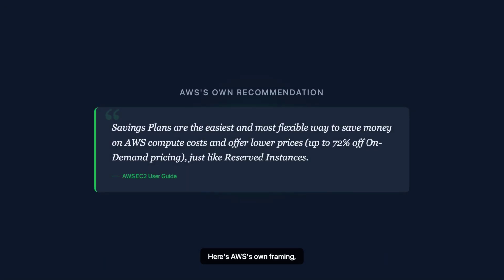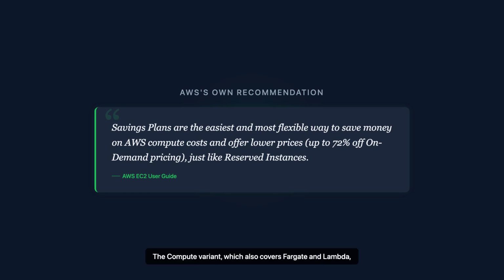Here's Amazon Web Services' own framing. Straight from the EC2 user guide, they call savings plans the easiest and most flexible way to save money on compute, offering up to 72% off on demand, just like reserved instances. One important nuance: that 72% ceiling applies to the EC2 instance savings plan.